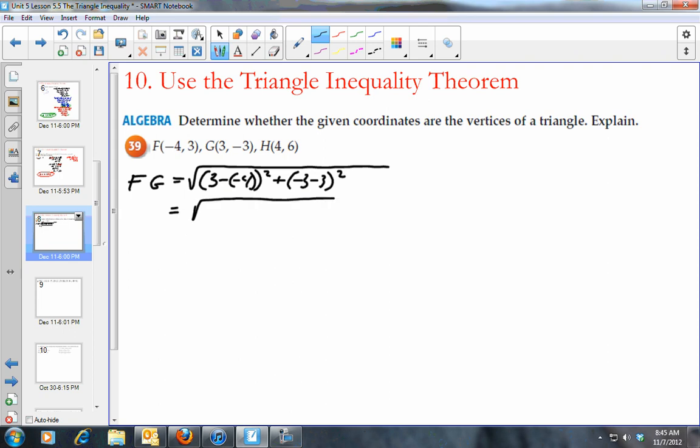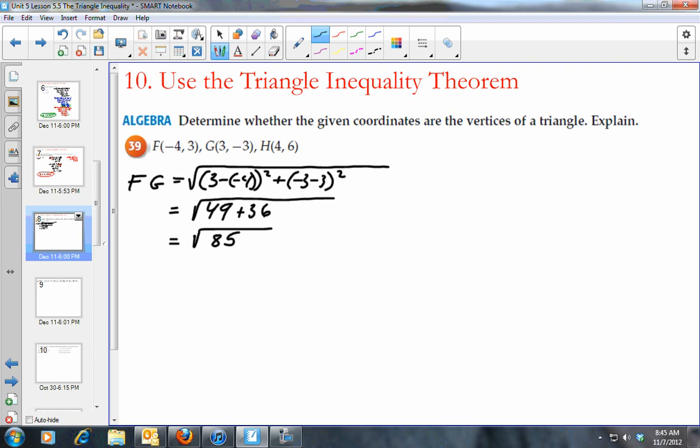All right, 3 plus 4 is 7. 7 squared is 49. Negative 3 minus 3 is a negative 6. Square that, we get 36. And what's underneath our square root sign now? What's 49 plus 36? All right, so I'm going to leave that as the square root of 85.